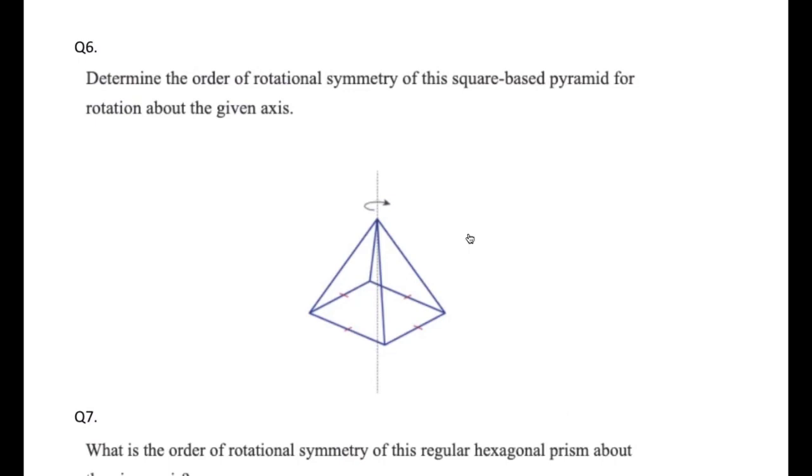Come on, guys, tell me the answer. 4. Yes, because the base is a square, it has order of rotational symmetry of 4. So hence the order of rotational symmetry of the square base pyramid is also going to be 4.